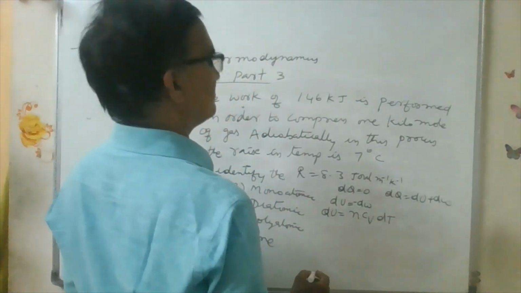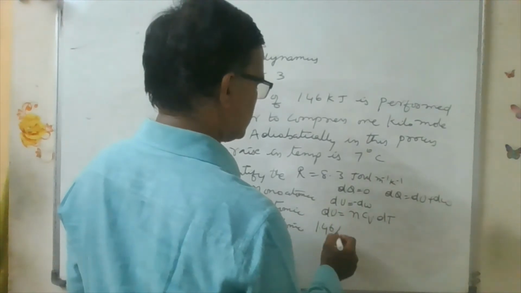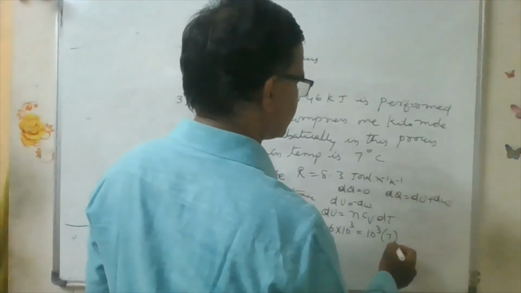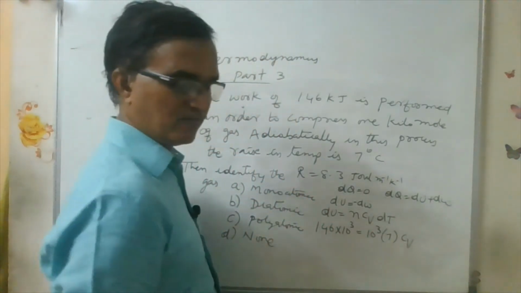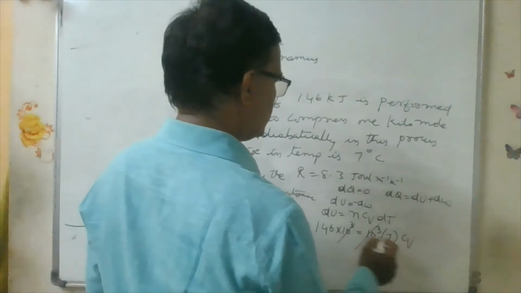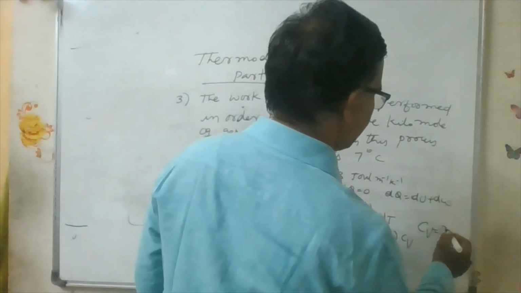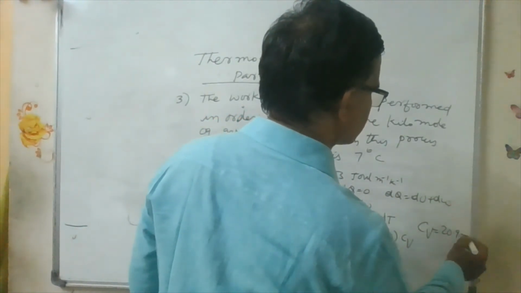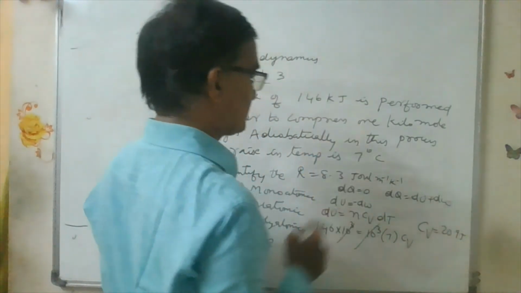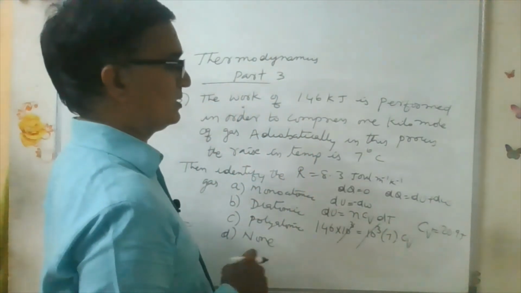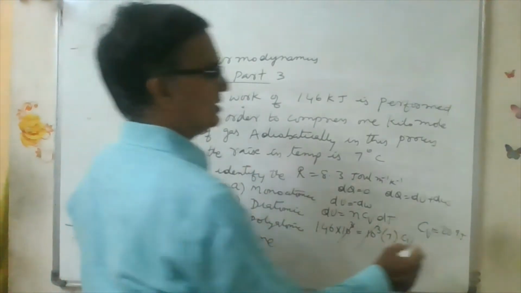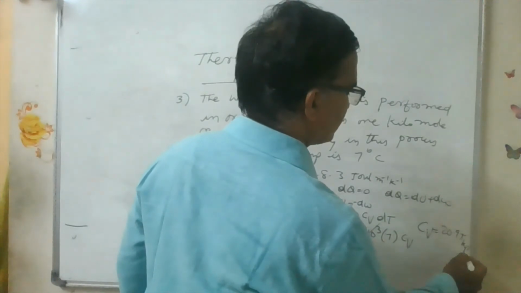How much energy? 146 kilojoules. Number of moles 10 to the power of 3. Rise in temperature 7. So if you cancel out, for Cv you are going to get 20.9 like this, in joule per mole per Kelvin.